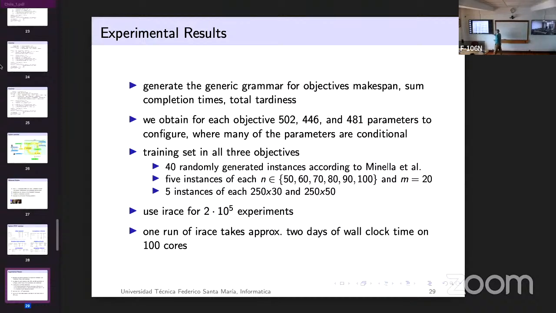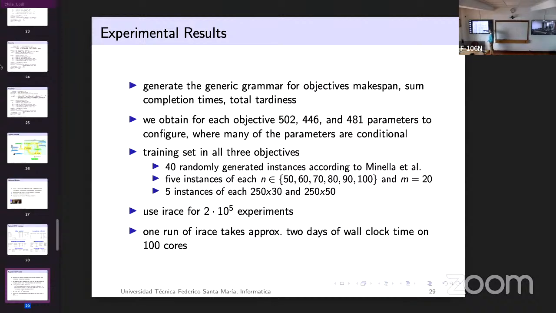And one has 5 instances for each of 250 across 20 and 250 across 50. And here is the training set. And this is very important: when one implements something for a training set, it has really different results for the test set. And what is important is the test set, not the training.